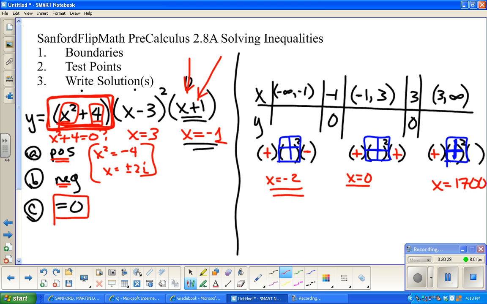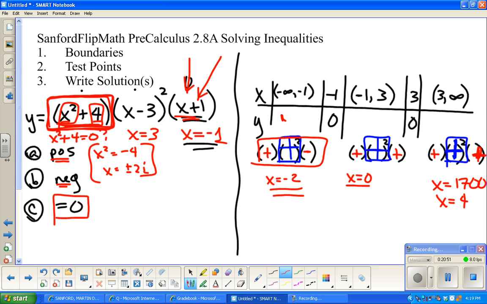Honestly, it doesn't matter what number you pick. 1700 plus 1 is going to be positive. I know some of you are freaking out right now. x equals 4 would be fine. 4 plus 1, again, still positive. If the goal is to find out whether it's positive or negative, I can pick any number I want, just as long as it's in that region.